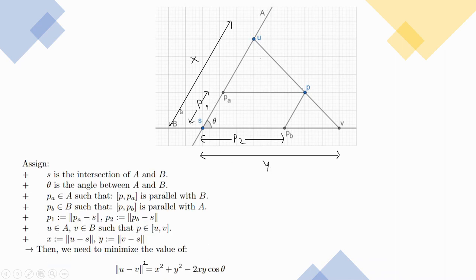We have some symbols. This is x, y, p1, p2, theta, with p1 parallel to B, and p2 parallel to A. So we need to minimize the length of this segment, whose square is x squared plus y squared minus 2xy cos theta.